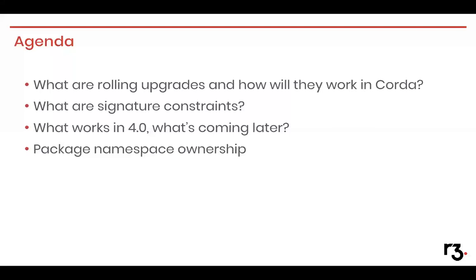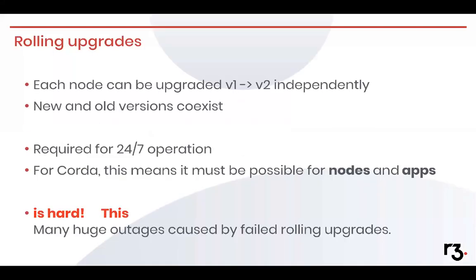All right? Okay. So rolling upgrades, I'm sure most of you know this already, but just for people who have never worked on distributed systems before, rolling upgrade is where you have many servers doing things or many computers doing things, and you want to upgrade them all to version 2 from version 1, but you can't do it simultaneously, either because they're not all controlled by you or because they are, but you don't want to take the service offline.